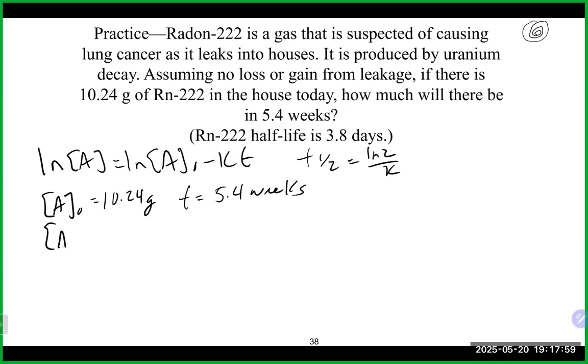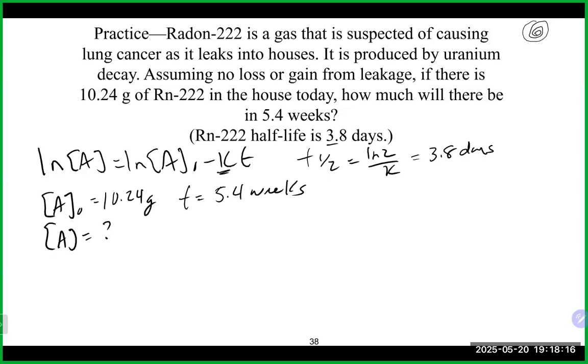So we're looking for A in this case. And they gave us the half-life of 3.8 days.